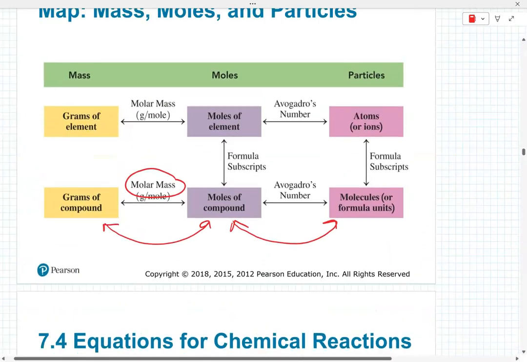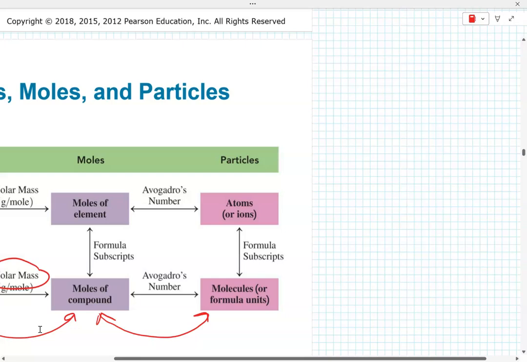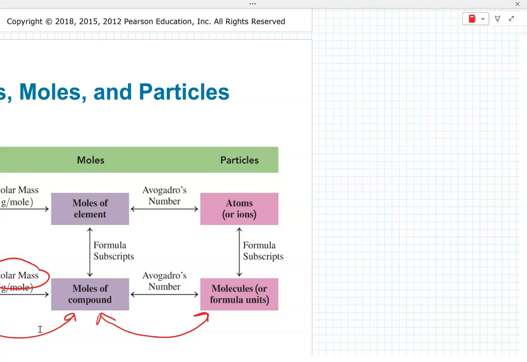So I'm going to do a practice problem with you. I'm going to keep using glucose. So let's say we have 100 grams of glucose. Okay? I ask 2 questions.